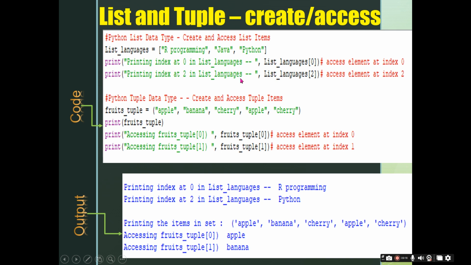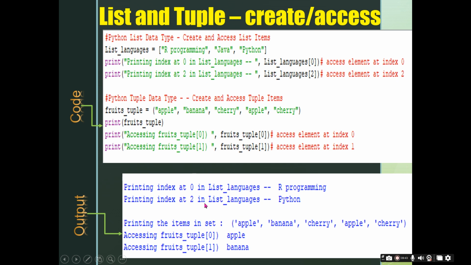So here I am just displaying item 1 in the list: how to access item 1 in the list, list_languages of 0. How to access item 2? list_languages of 2. If you want to access the item, that is Java, you have to give list_languages of 1.